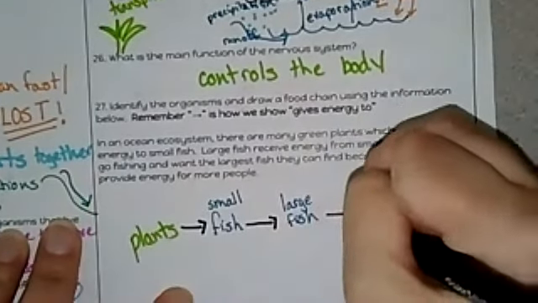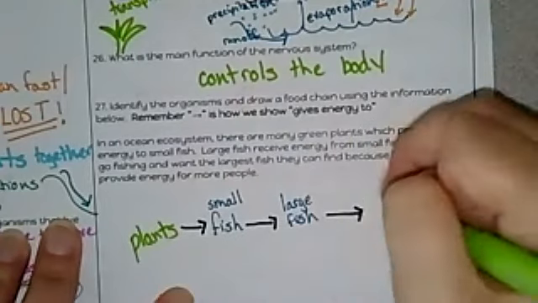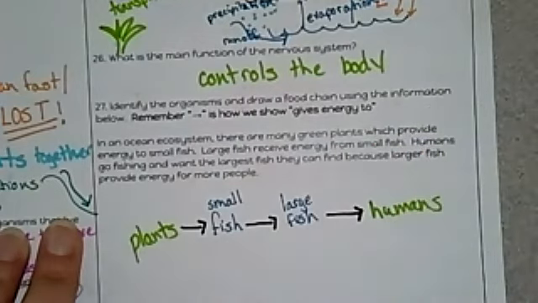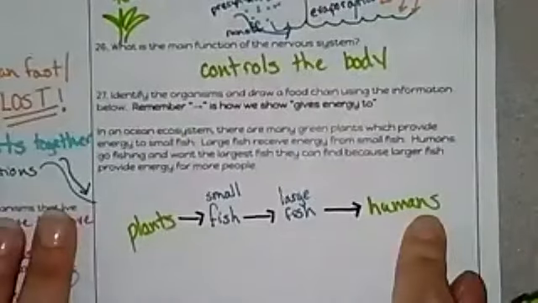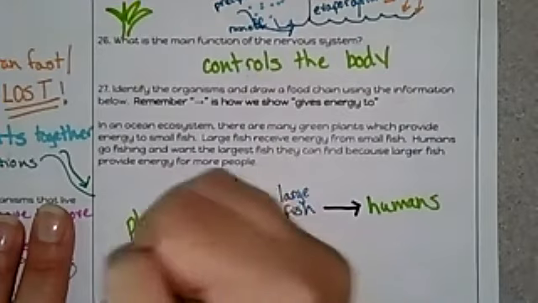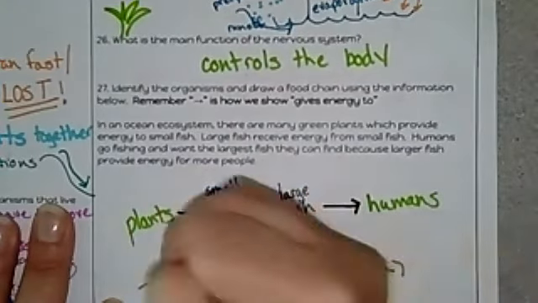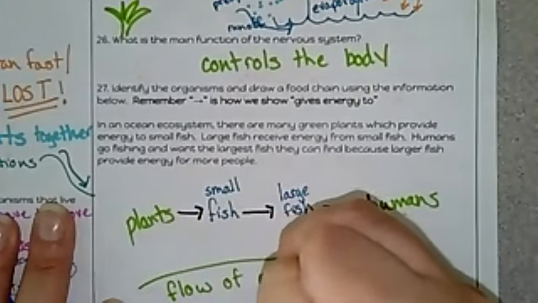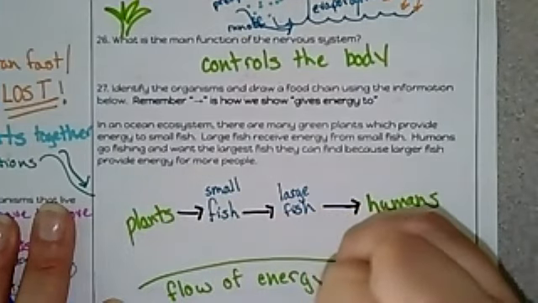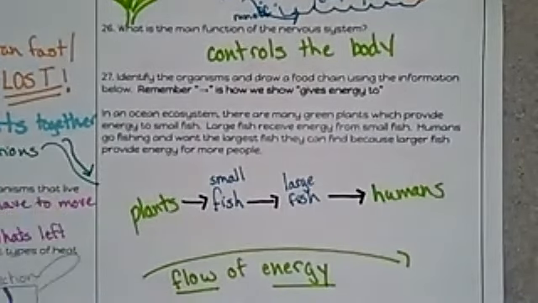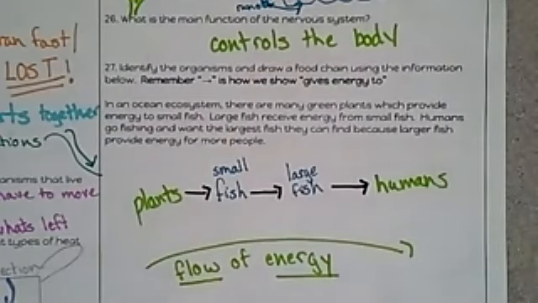So the large fish are caught and eaten by the humans. What did I do wrong? Large fish goes into the humans. Okay, so this is the flow of energy. All right. And I think that is it for today.